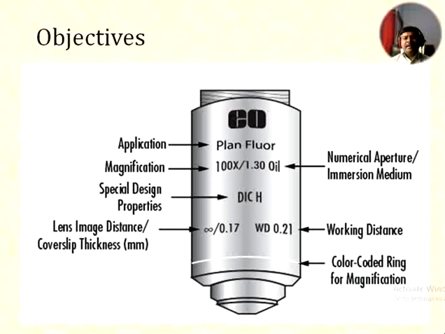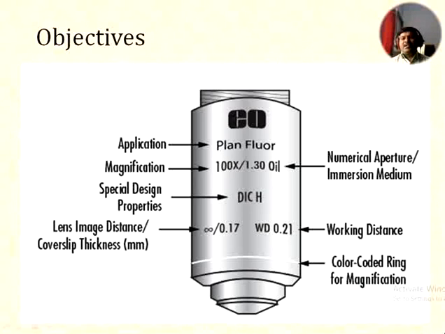There is a lens image distance that is infinity, and the cover sheet thickness is 0.017. The working distance between the lens and the object or specimen is 0.21 micrometer, and this is the color coded ring for magnification. Is it okay? So this is the simple diagrammatic representation of the objective.